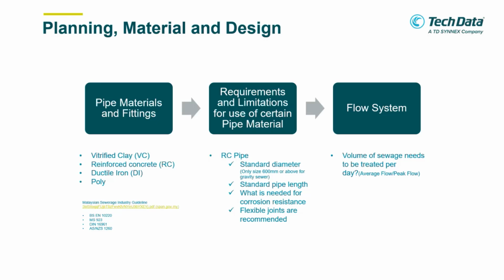Then of course you need to understand the flow system, where sometimes you also need to consider the rain, the weather, or the population of that area, how much water you need to supply, or how much you need to prepare for the sewerage tank. These three things are related when it comes to your piping network system.